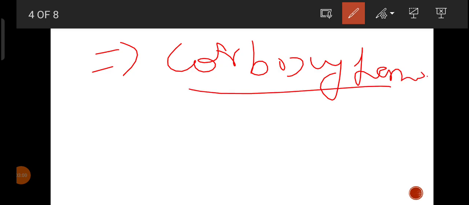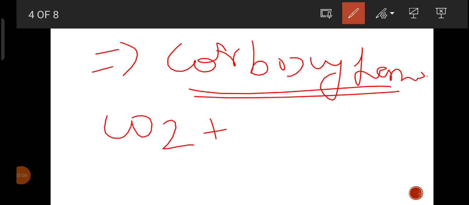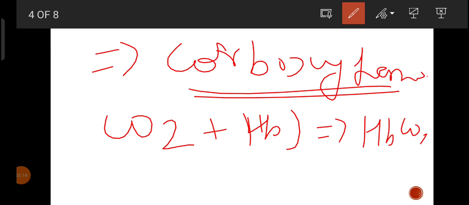So carboxyhemoglobin is the combination of CO2 plus Hb, that is HbCO2.